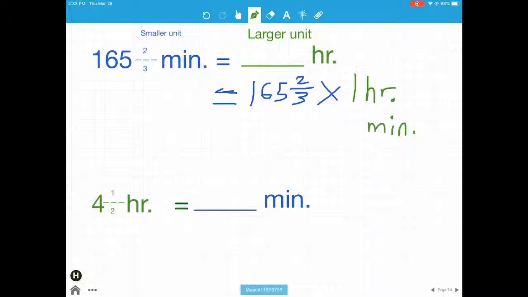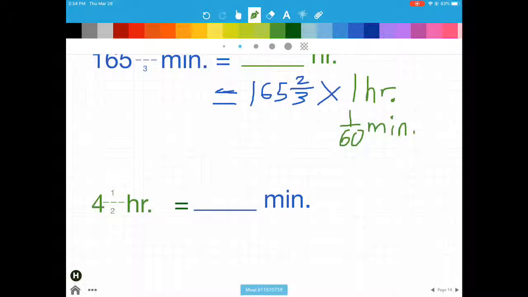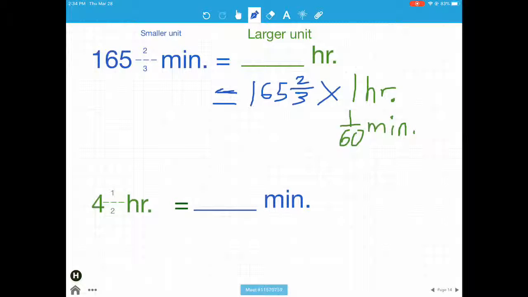And we know that a minute is smaller, okay? So that means we're going to be using a fraction. I know, a lot of work here. All right, I'm going to change this into an improper fraction. 165, I did a big number on myself there, times 3. It's 495.